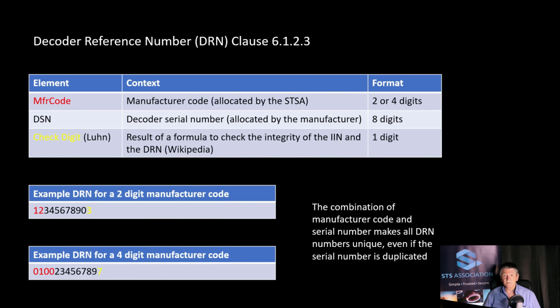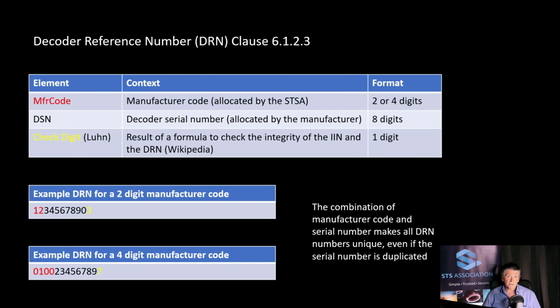The decoder reference number itself, or DRN, is described in 6.1.2.3. That consists of a manufacturer code, which is allocated by the STS Association, and that's either 2 digits or 4 digits, as you can see in the 2 examples below. You have the decoder serial number, which is allocated by the manufacturer of the meters, and that's 8 digits.